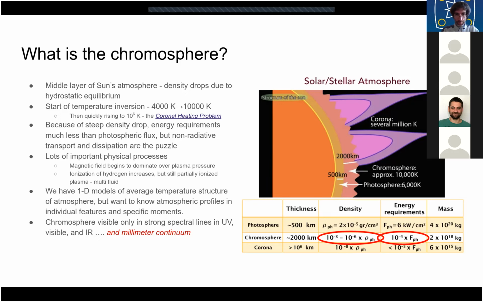Things like, where is the energy coming from to heat the gas here? Where is that energy going? How is it dissipated? That sort of thing.